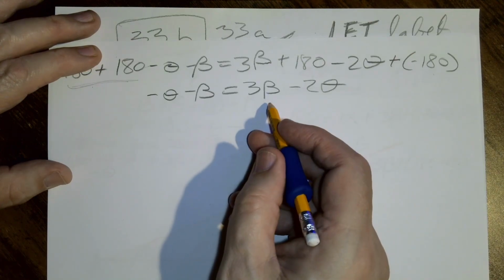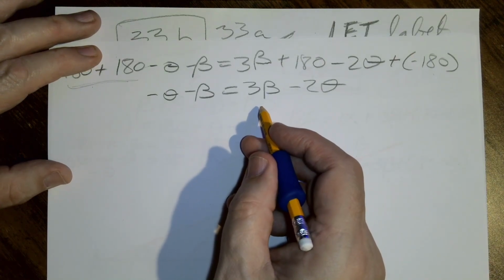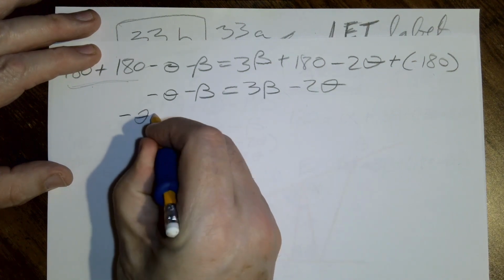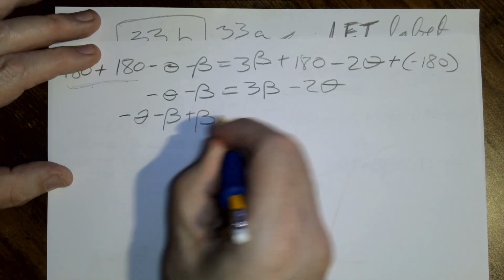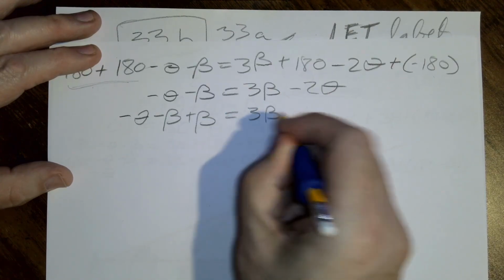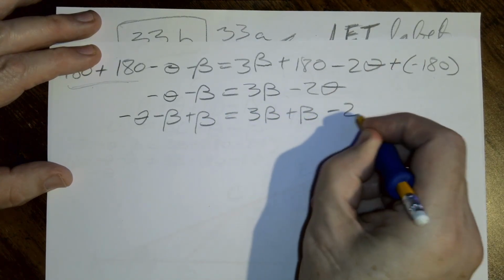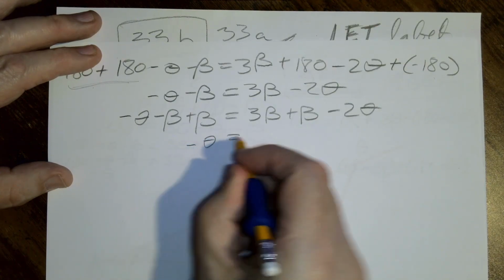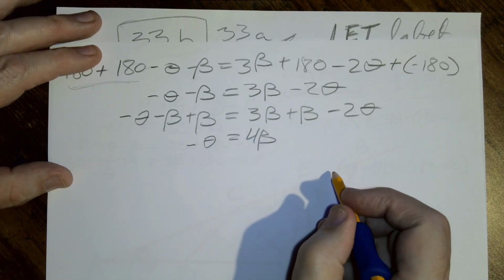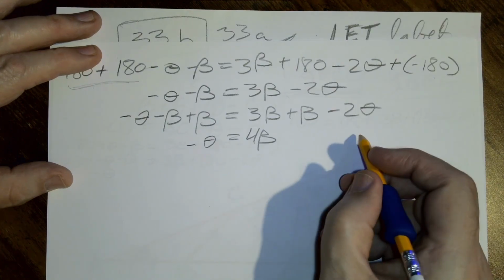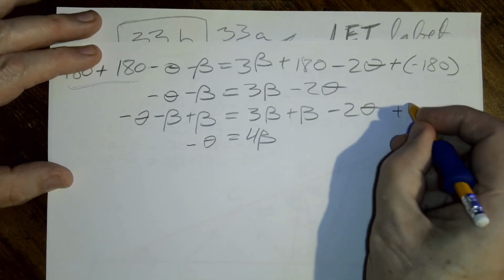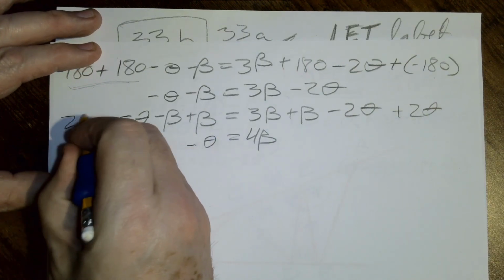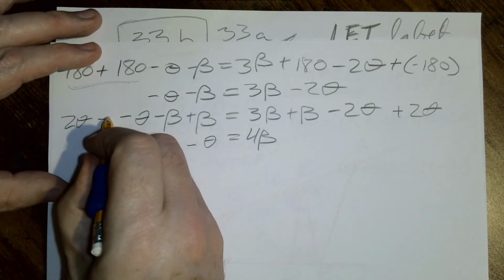So let's move this beta, let's add beta to each side. So negative theta minus beta plus beta, 3 beta plus beta. There's our minus 2 theta. So now over here we just have negative theta. Over here we have 4 beta. Let's add 2 theta to each side.